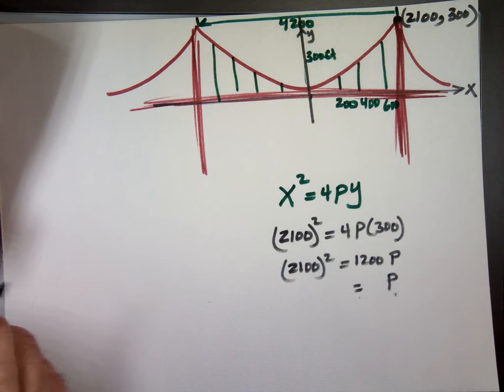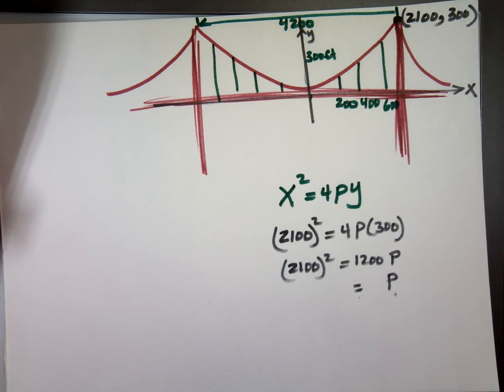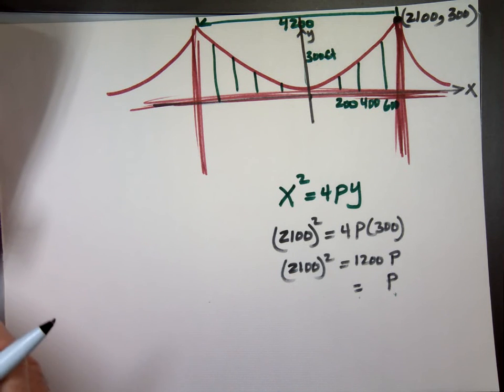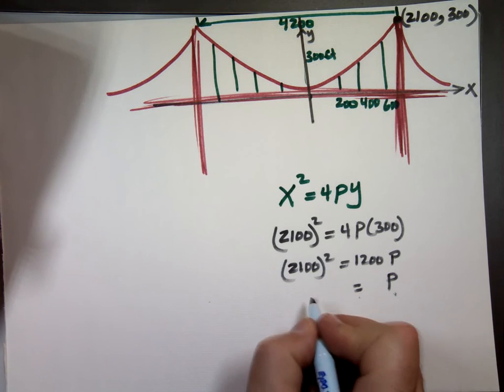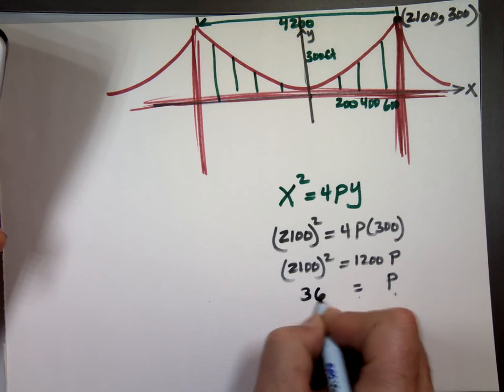That's what we did on that bridge when we talked about it in the classroom. You divide by 1200, you end up with 3675.